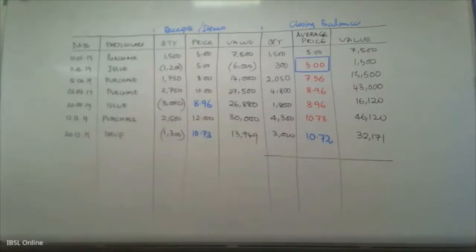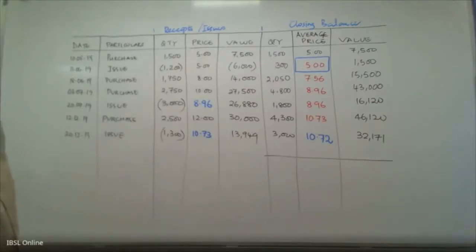And preferably most organizations would like to make use of this weighted average cost method because it is going to be a more appropriate method to maintain the closing stock value.